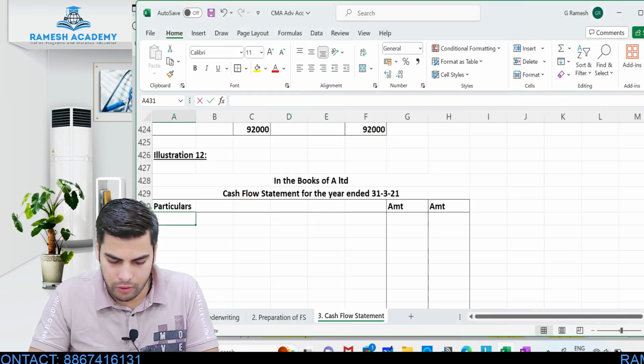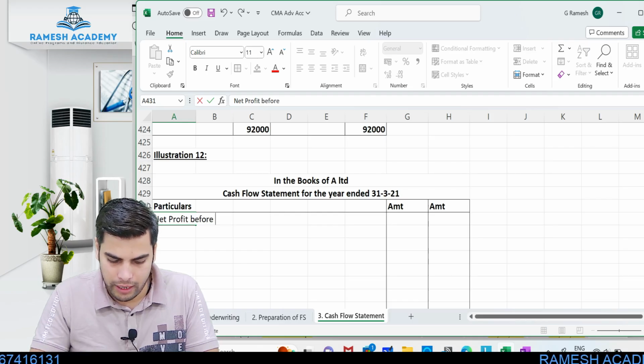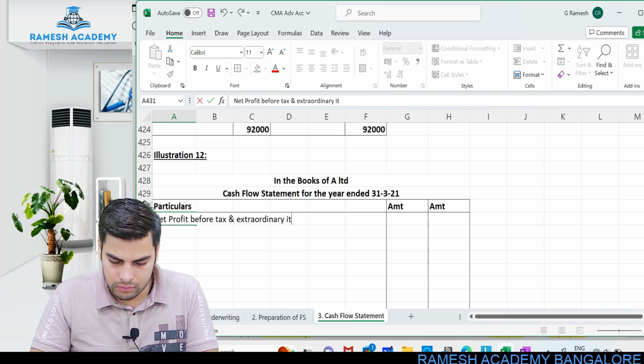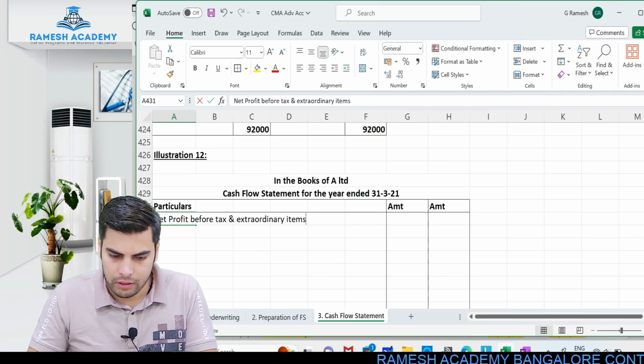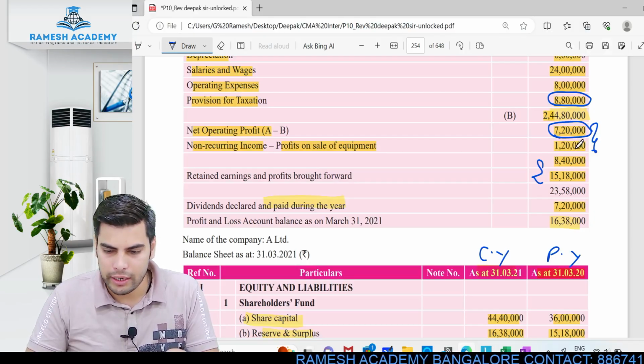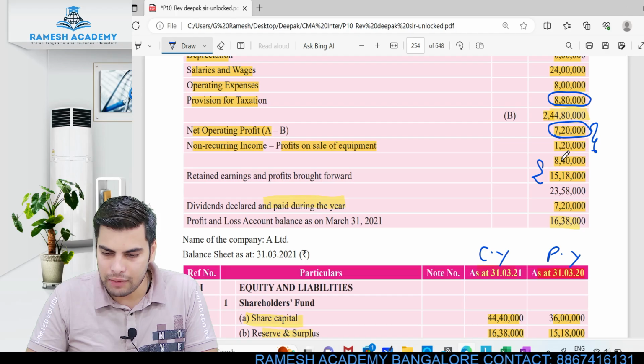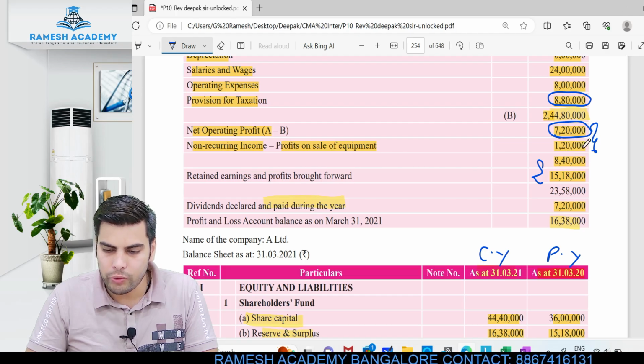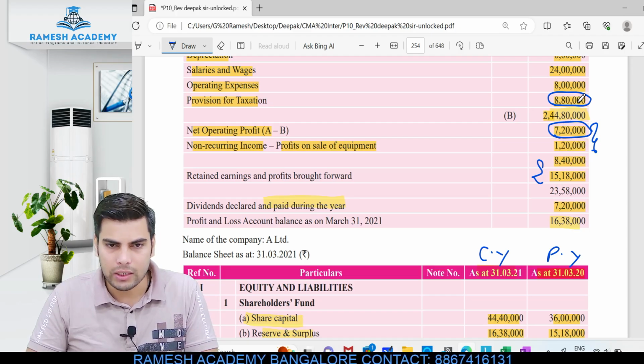Okay. So net profit before tax and extraordinary item. Okay. So see here 7,20,000, I am not including any extraordinary item. If you are considering this 8,40,000, you need to deduct this extraordinary income of 1,20,000 and then add this tax of 8,80,000.